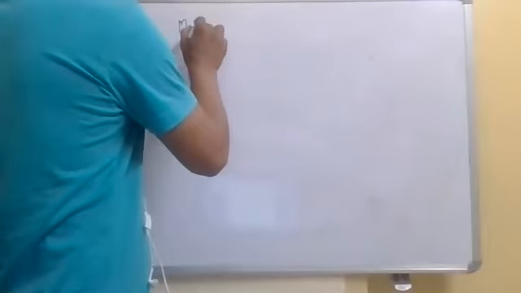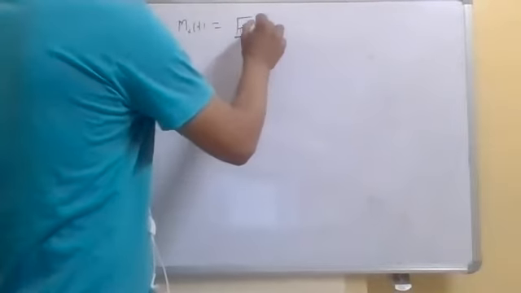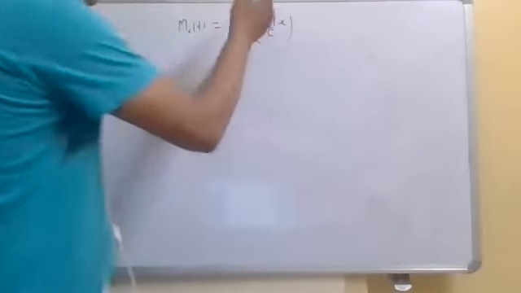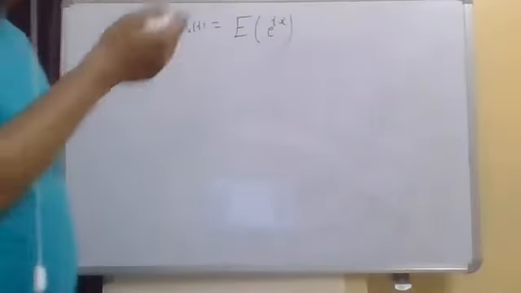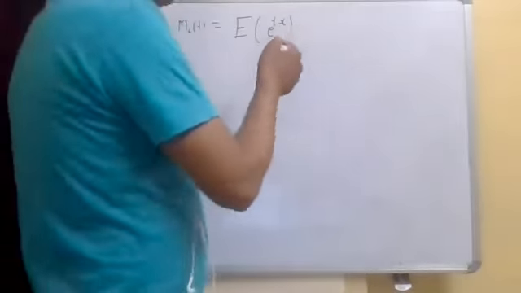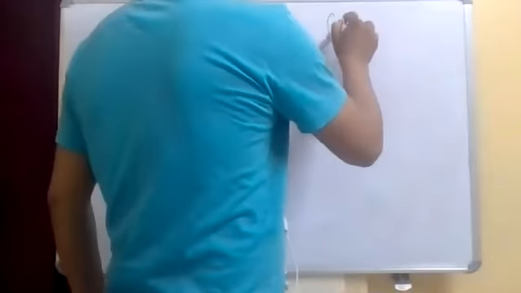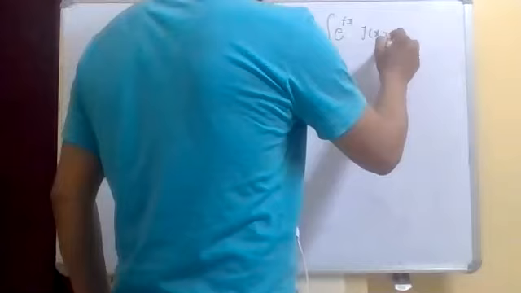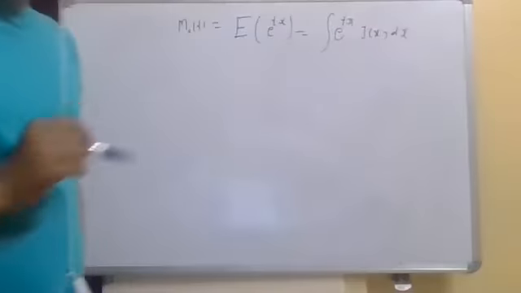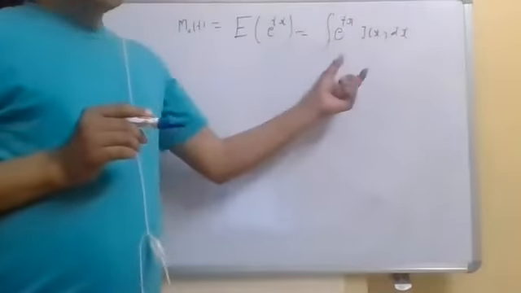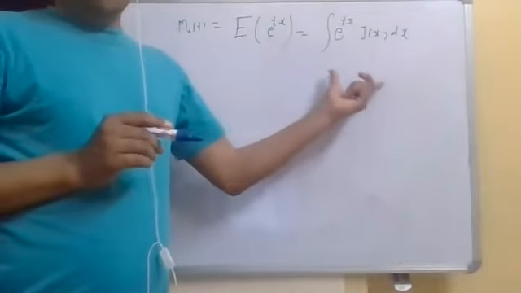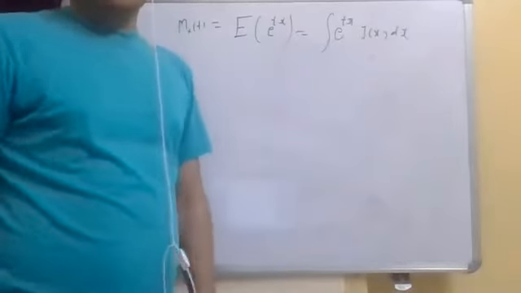So for moment generating functions, we know that M_X(t) is the expectation of e to the power tX. And this one we can write as the integral of e to the power tx f(x) dx, for continuous distributions.